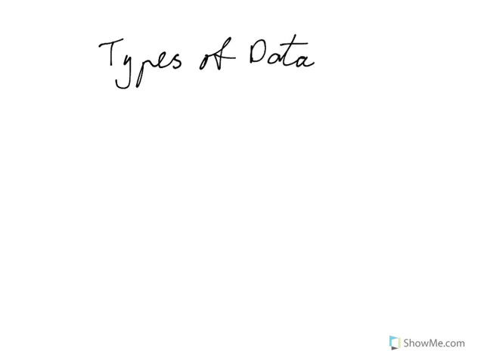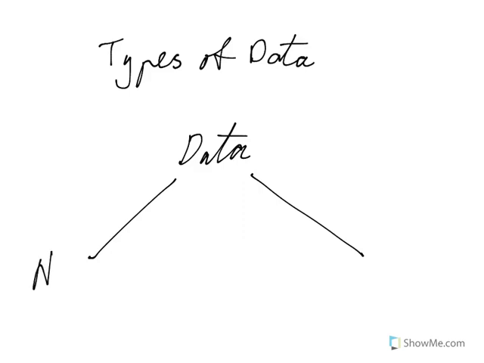All right, so first of all, types of data. So what types of univariate data are there? First of all we start off with data. That's all data. And all data can be broken down into two parts. So it can be numerical.